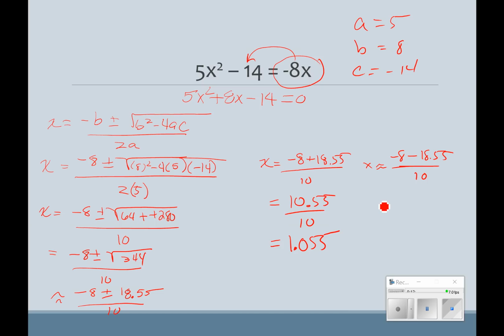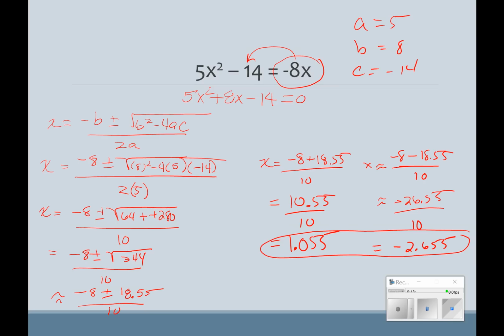And then over here, x is going to be approximately negative 26.55 divided by 10, which is going to be negative 2.655. Okay, so those are my approximate solutions.